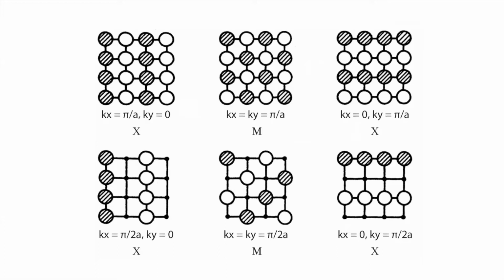But another way to think about this is that the wavelength of this orbital is twice what just the kx solution is.